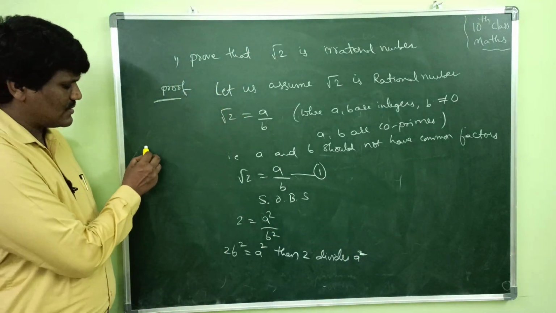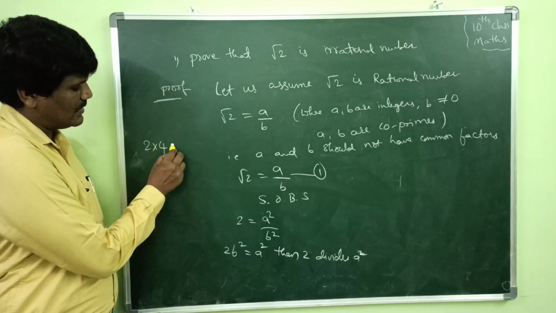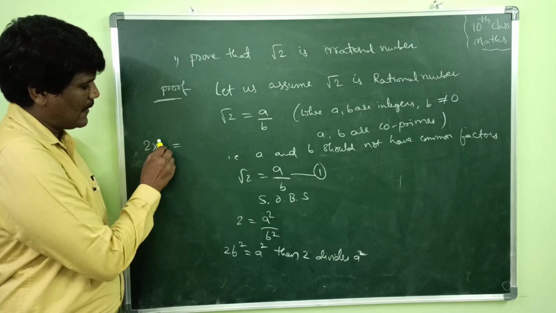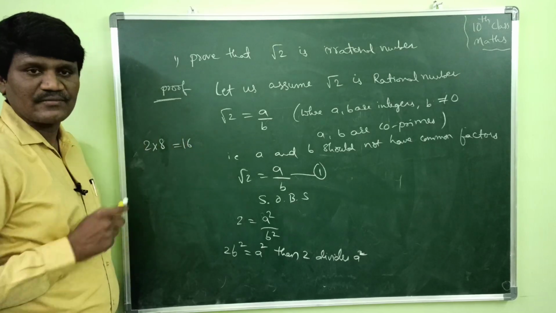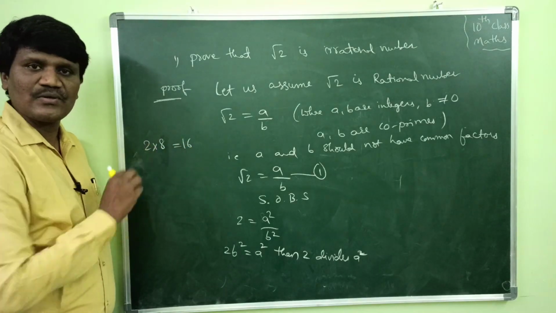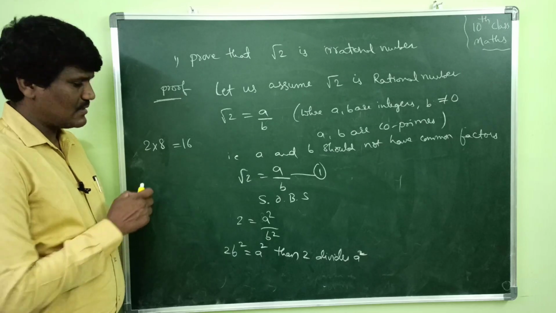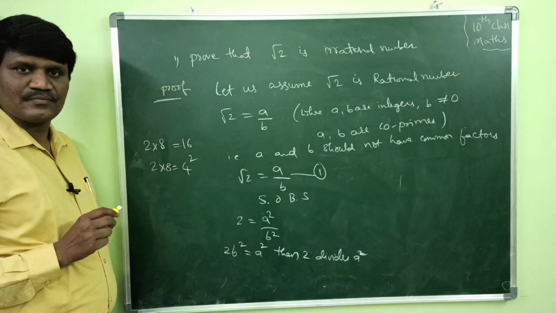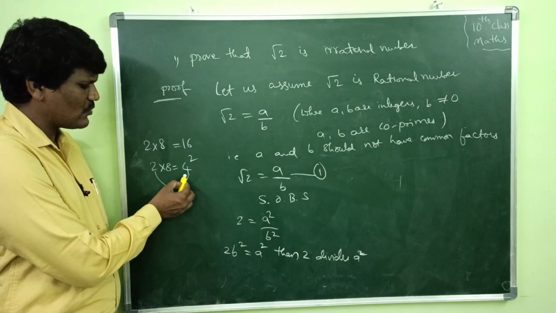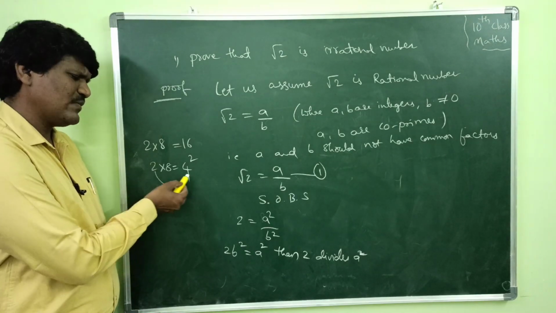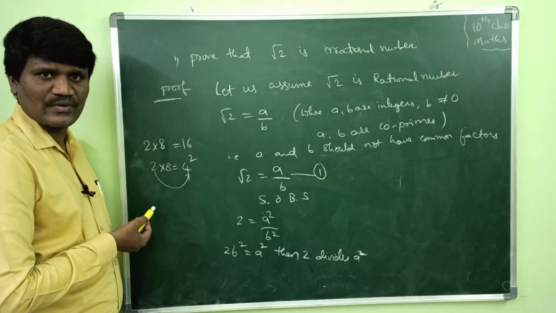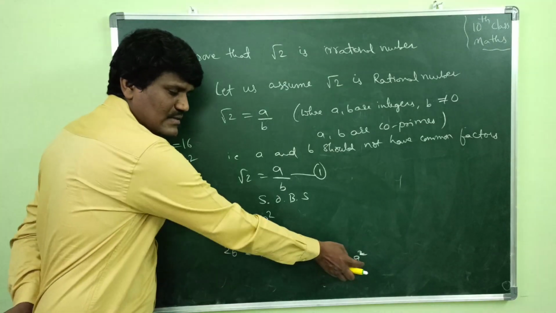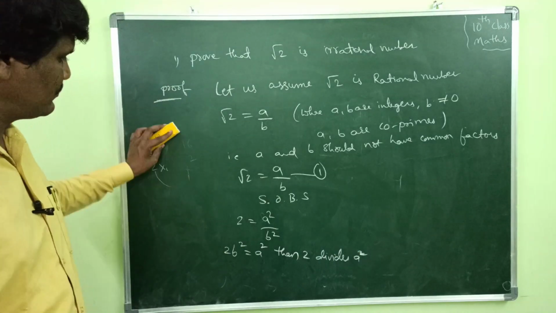Suppose I have something like this: 2 into 8 is equal to 16, or else I can write 2 into 8 is equal to 4 square. Then I can say 2 divides 4 square. Same way, if 2b square is equal to a square, then 2 divides a square.